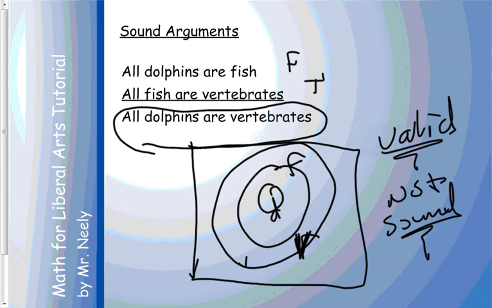Okay? So you can have a valid argument with a true conclusion that's not sound, because one of the premises is false. So a sound argument is based on whether or not it's valid and whether or not all the premises of the argument are true. And if it's valid and the premises are true, then the conclusion will also be true.